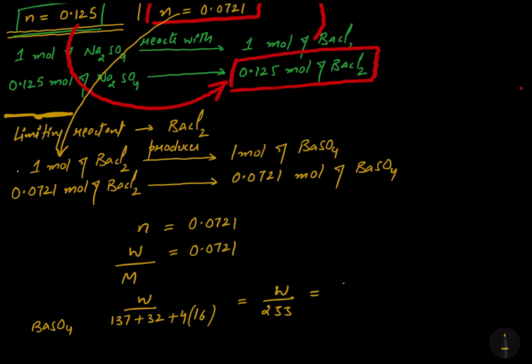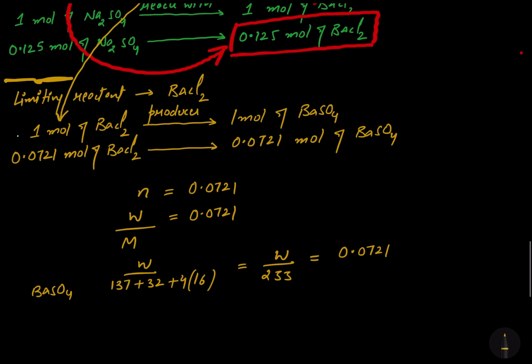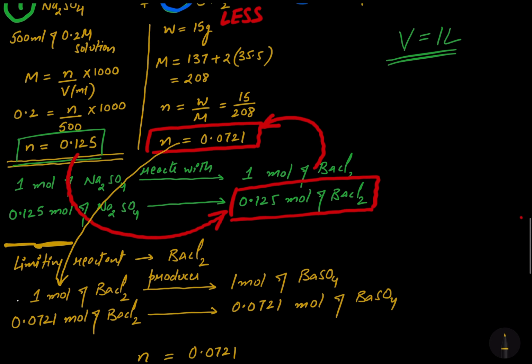So the number of moles is 0.0721, and my W comes out to be 233 into 0.0721, and this value, the weight of barium sulfate formed, will be 16.77 grams. So that is my answer.